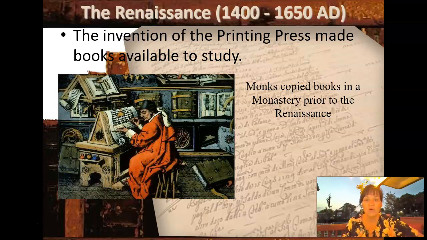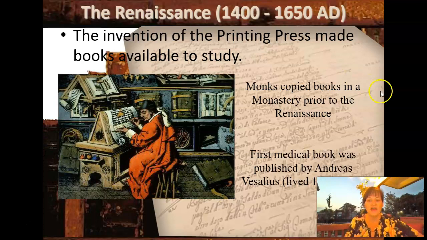Okay, but now we have the printing press, right? So the first medical books could be published. The first one was published by Andreas Vesalius, who lived from 1514 to 1564. He published the first medical books, where you could get medical information like this out to so many new people.